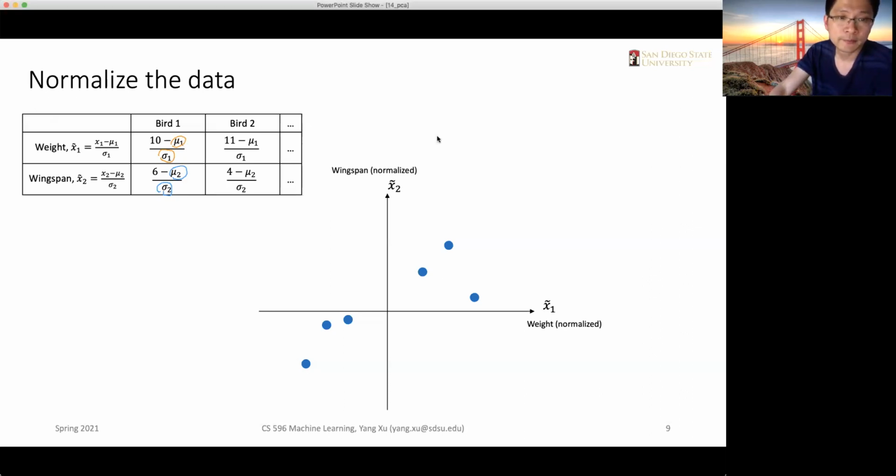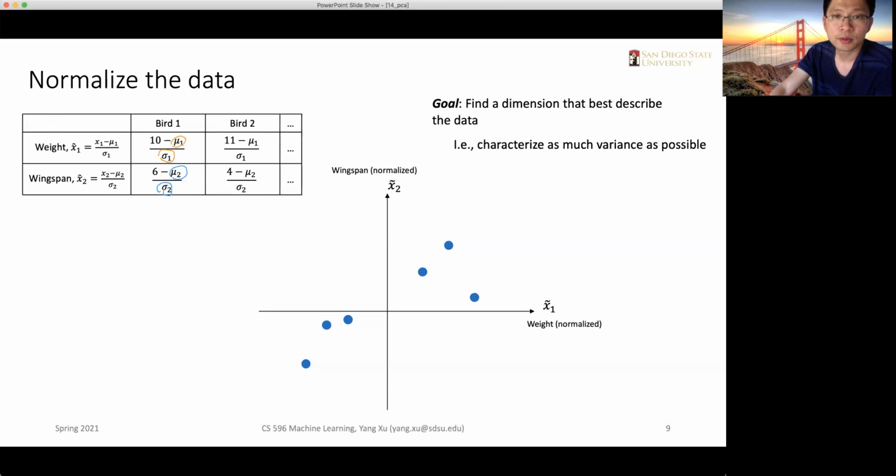All right. From this step on, we can start thinking about our goal, which is to find a dimension that best describes the data. The standard we use is to find a dimension along which the data points have as much variance as possible.